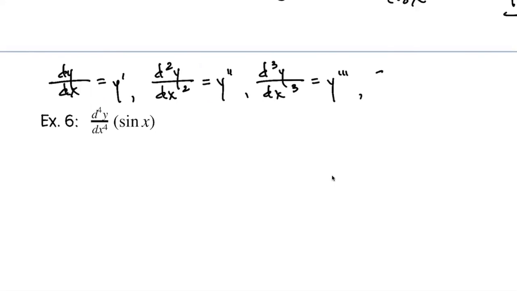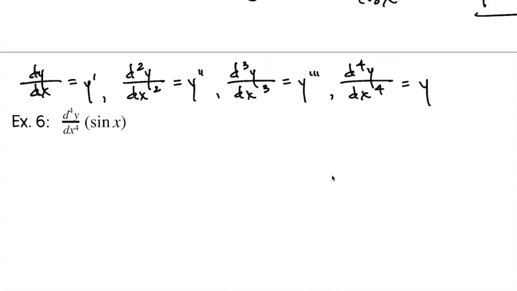And so this one, the 4th y dx to the 4th, is the same as y. And this gets tricky because these are actually like Roman numerals. So we have 1, 2, 3, and then to write 4, it's like IV. Okay.